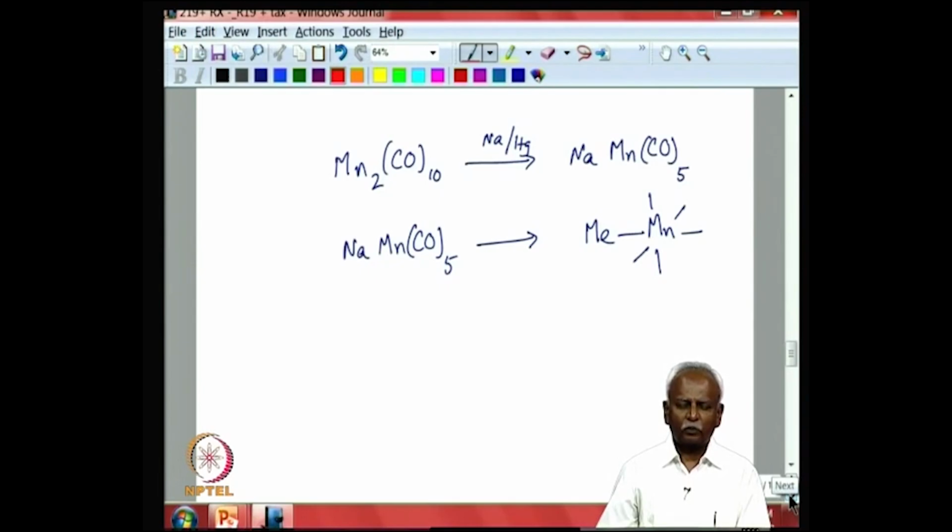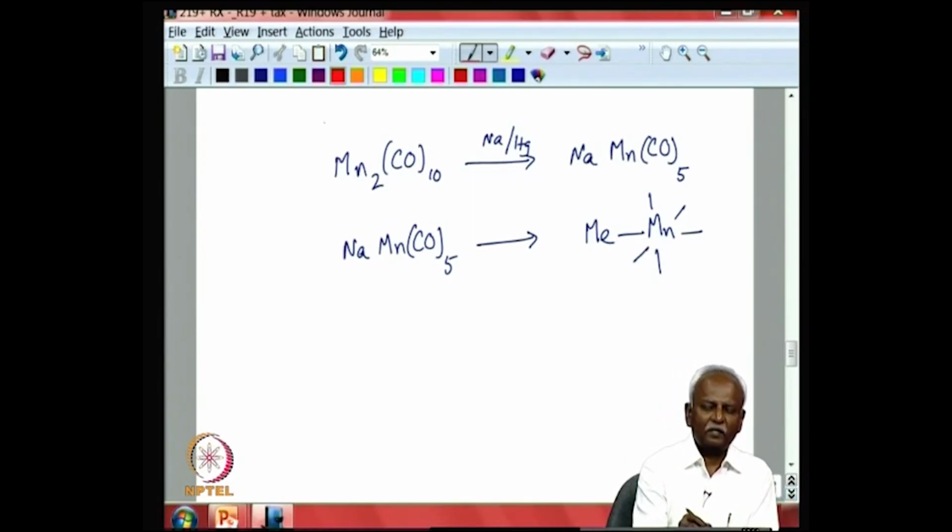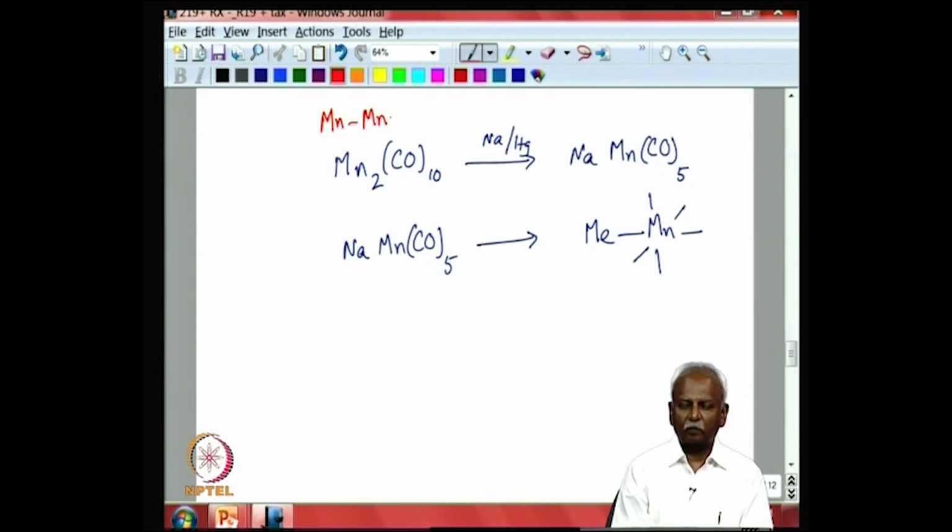So, Mn2(CO)10 is a molecule which we have already encountered in the carbonyl chemistry. This is easily reduced because you have a manganese-manganese bond, and this Mn-Mn bond can be broken and converted to an anionic species, which is also an 18 electron species.